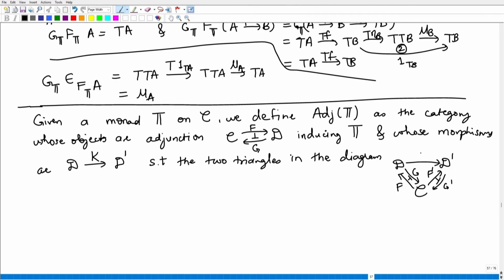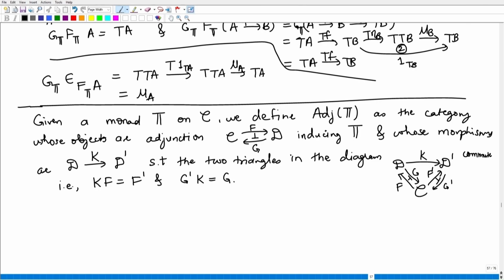So functors from D to D prime which commute. Okay, so what does that mean? K composed with F is equal to F prime, and G prime composed with K is equal to G.